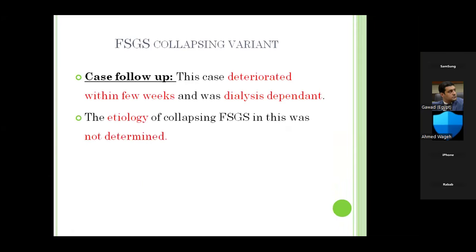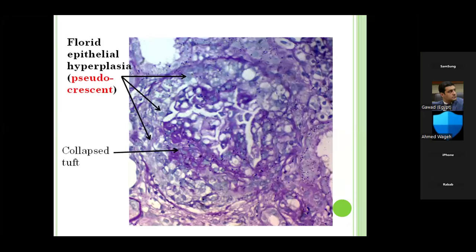If we can wait for the coming slides, we will see a true crescent. Just put in mind that the pseudocrescent is formed of a single type of nuclei, which are the visceral podocytes, the large nuclei. These are large nuclei, okay? And no neutrophils, no inflammatory cells, no monocytes, no fibrin, just these nuclei, okay?